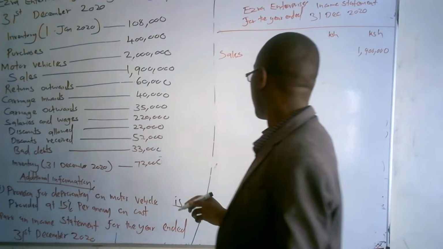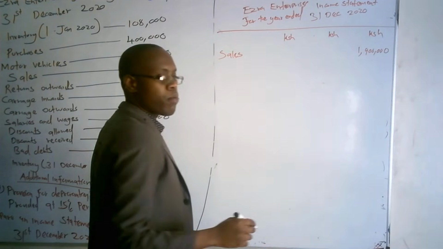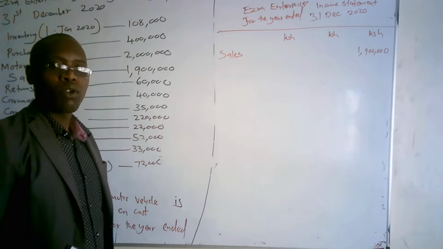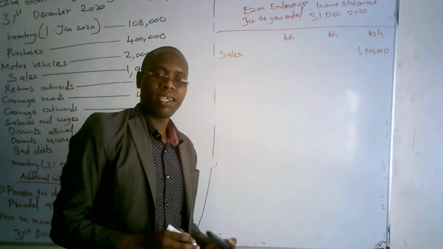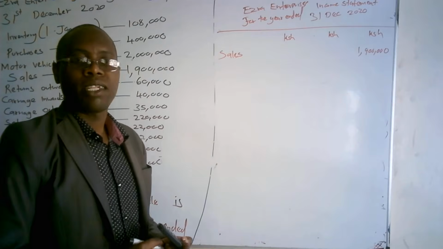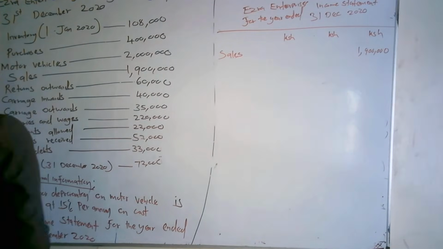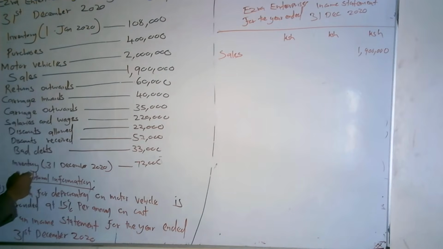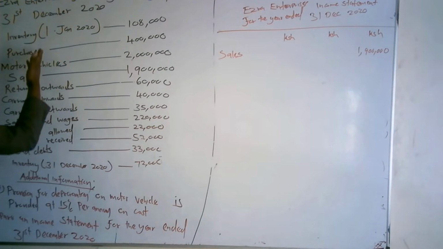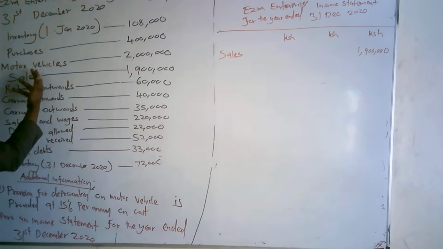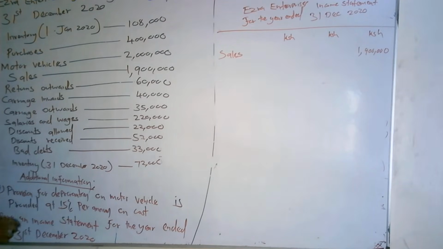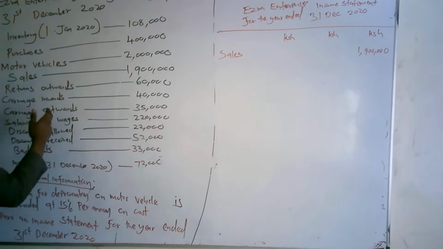And then of course the next thing that we will do is to less the sales returns or returns inwards. If we have the returns inwards, then it's going to be captured there. So if you can see my question, we have inventory, motor vehicle, the sales, returns inwards, returns outwards.